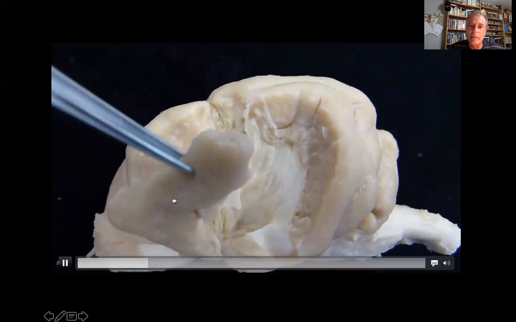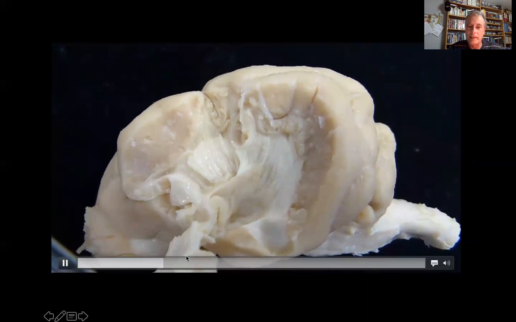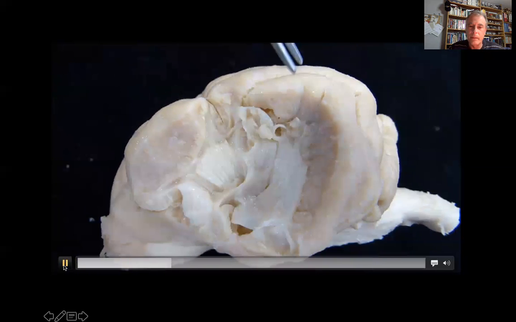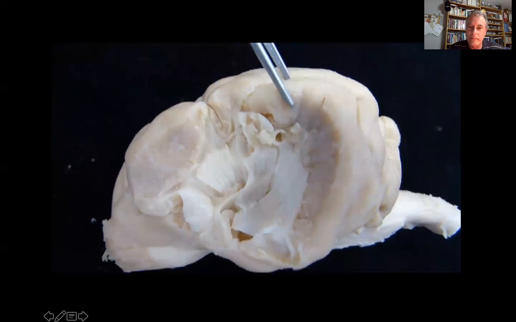Okay, we keep removing cortex and white matter. And we discover the superior longitudinal fasciculus here, these fibers that connect the occipital cortex with the frontal cortex.